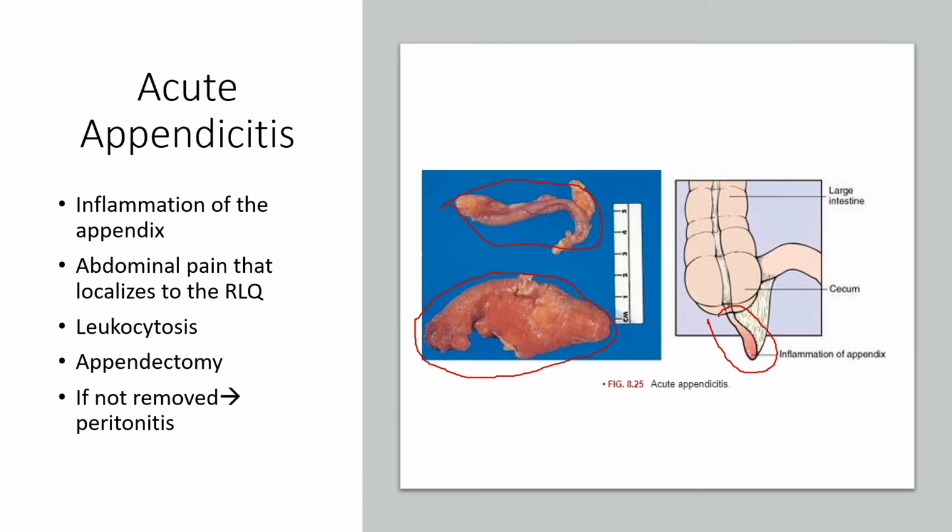So the book states that the appendix doesn't have a function. It is hypothesized that the appendix does have a function, and it is involved in the reboot theory, or the reboot hypothesis. So this is just a theory. Again, it's not definitively proven, so that's why the book says that it has no function.